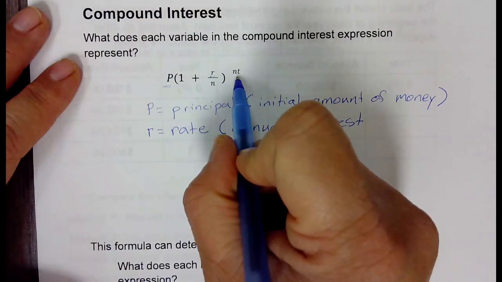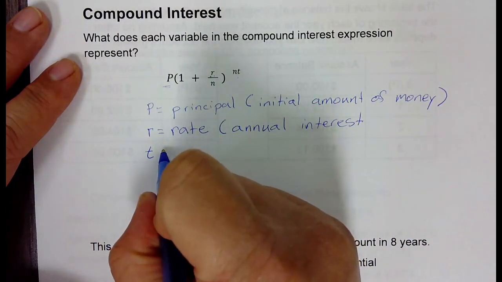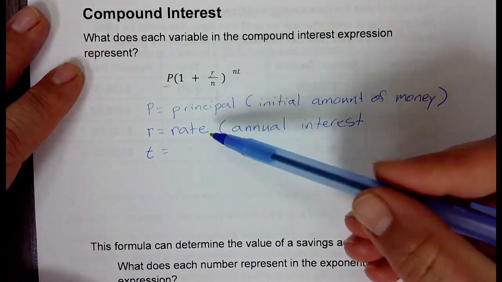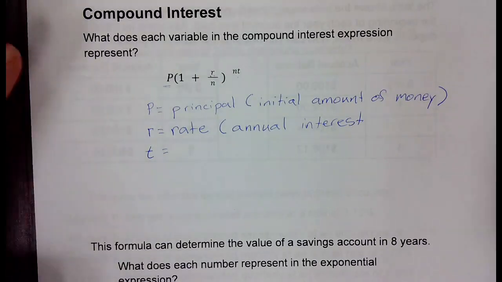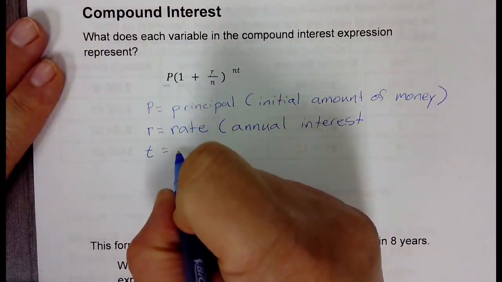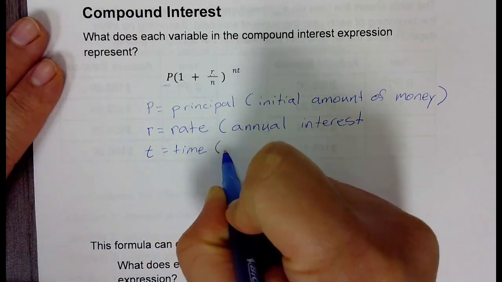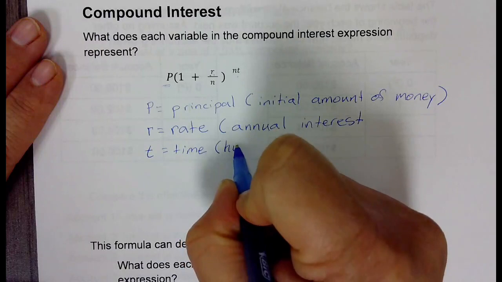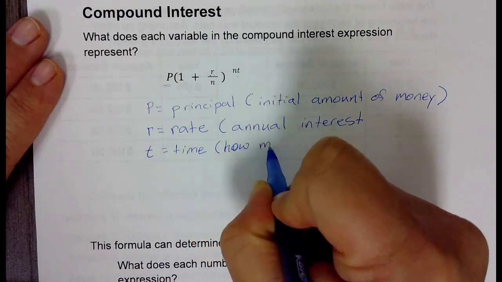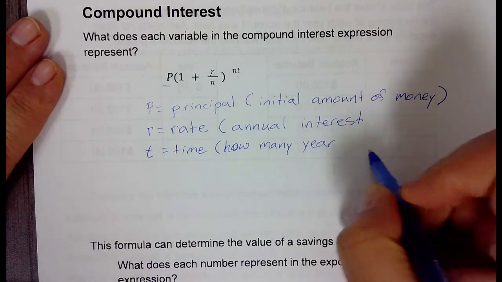I'm going to skip over to T, which we've talked about before in simple interest. All three of these, principal, rate, and time, we talked about in simple interest. T tells me time, which is the number of years the account was held.